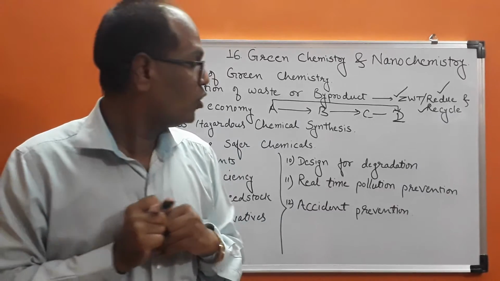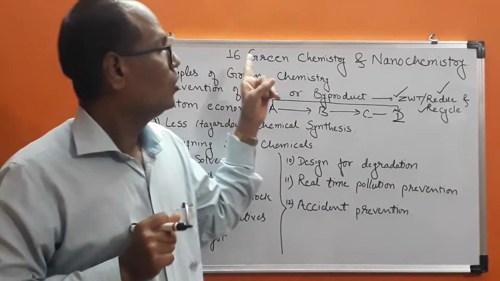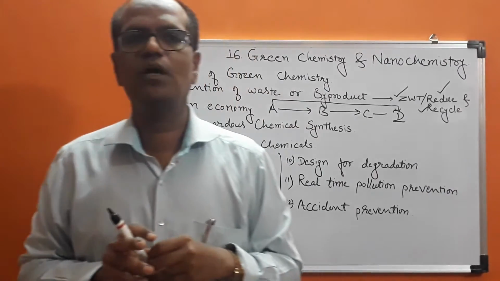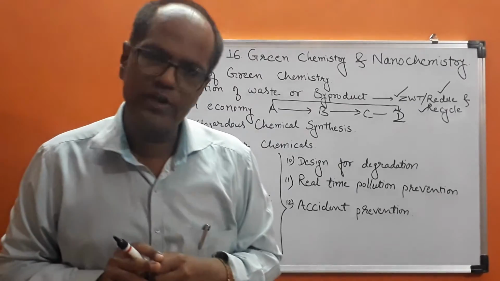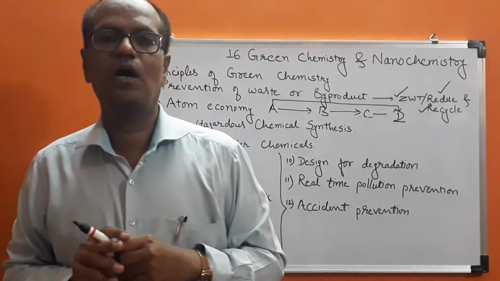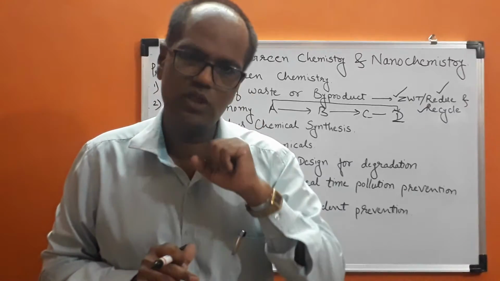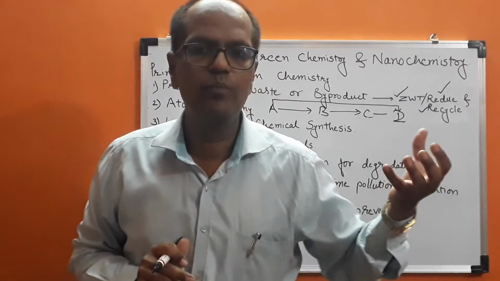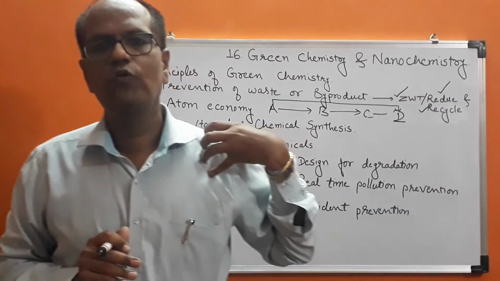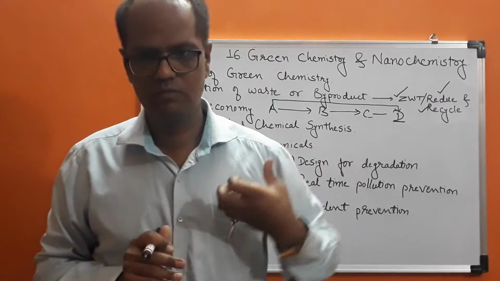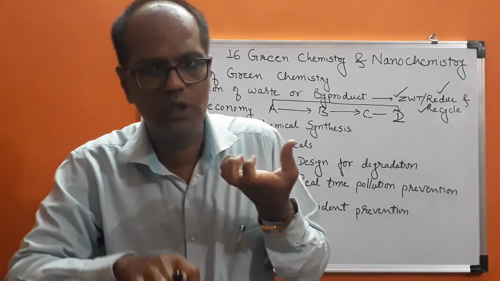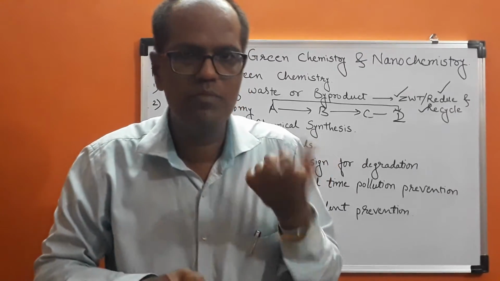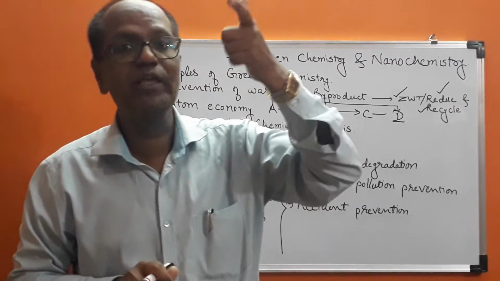Next, what we want to discuss is the role of green chemistry in our day-to-day life. The role of green chemistry is very important in our day-to-day life. Imagine that if you follow these 12 principles, we are going to produce such a chemical compound which is pollution free. We are going to reduce the pollution, which means we are also helping nature.